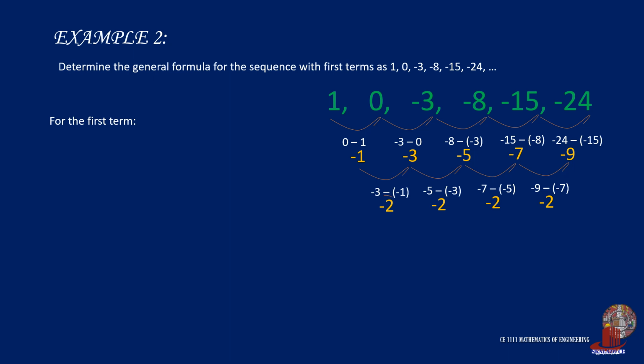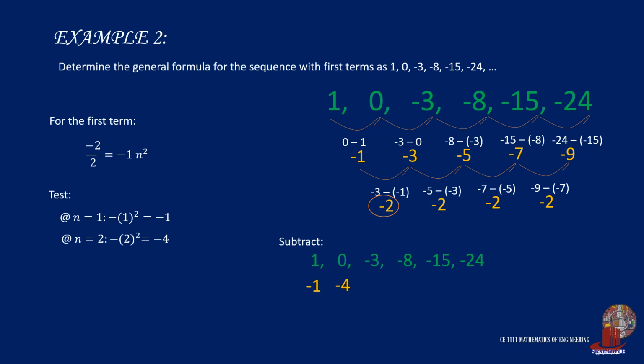The first term of the formula for the sequence is from the second difference, negative 2 divided by 2 to have negative 1. This will be attached with n squared, so the first term of the formula is negative n squared. Now iterate the terms starting with n equal to 1 to have negative 1. At n equal to 2, the first term is negative 4.